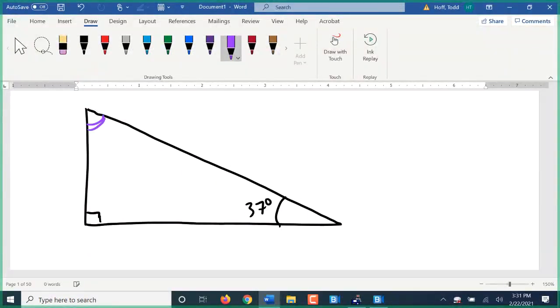What's this angle up here? 180 minus 90 leaves us with 90 degrees. Minus another 37 would be 53 degrees.